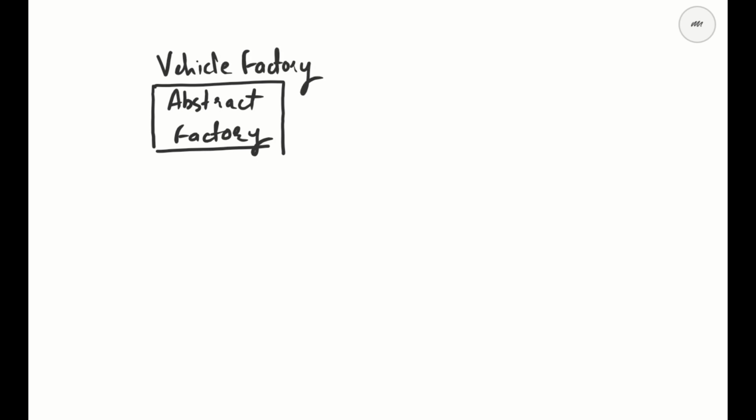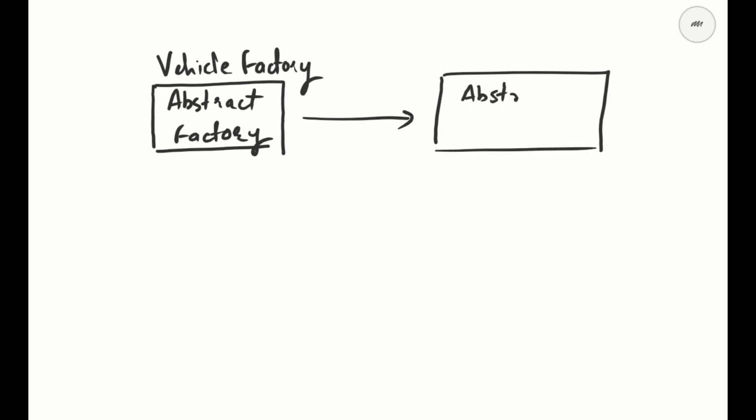Let's look at this wonderful diagram for factory method. We have an abstract factory, which is actually a vehicle factory in our case, that depends upon an abstract interface for product.